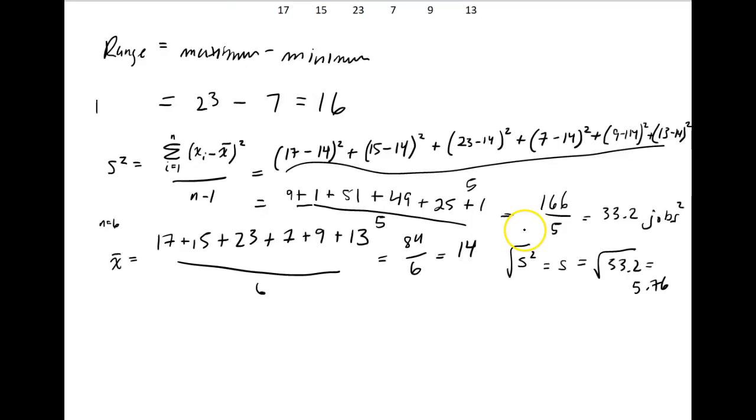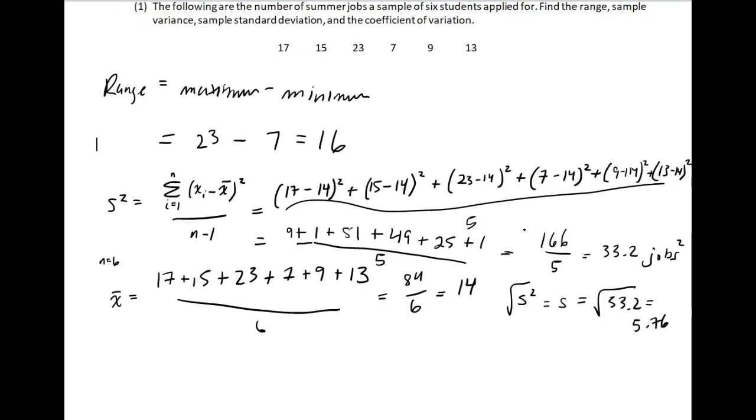Okay, and then we scroll down, and the last thing that it asks for is the coefficient of variation, which is just a way of measuring the standard deviation as a percentage of the mean. So the coefficient of variation, the CV, is just equal to the standard deviation divided by the mean times 100%.